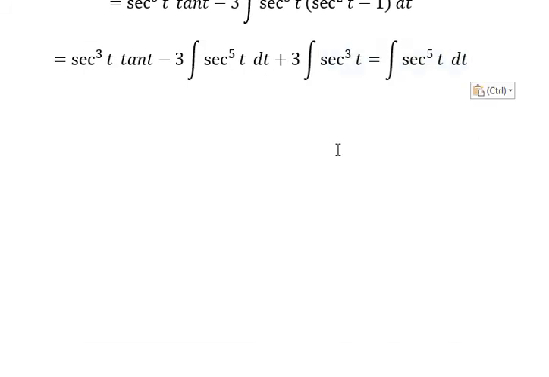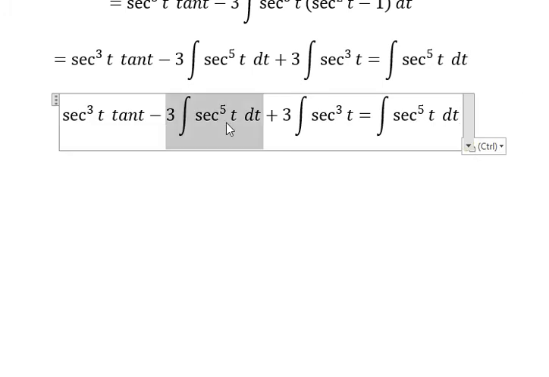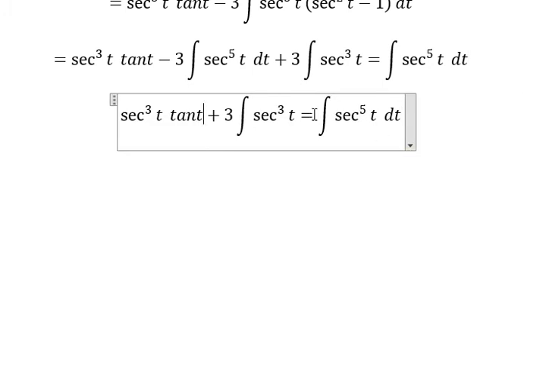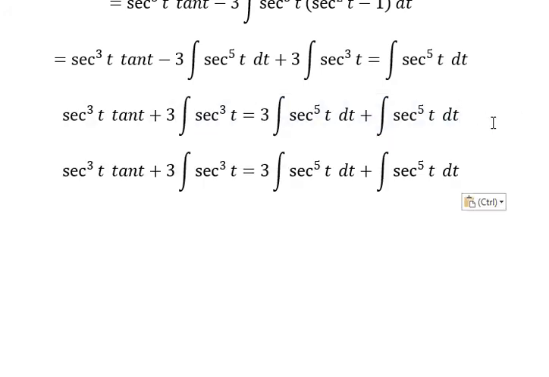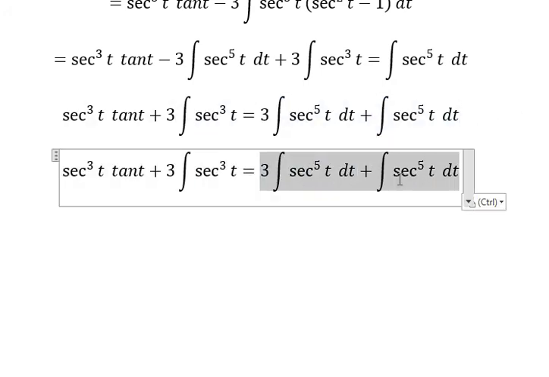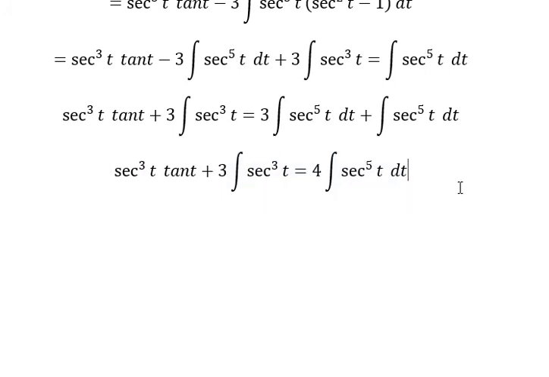So I will put this one to the right. And you get 3 the integration of secant of t to the power of 5, and we have another integration of secant of t to the power of 5. So we sum 2 integrals in here, and you get 4. Later we divide both sides by 4.